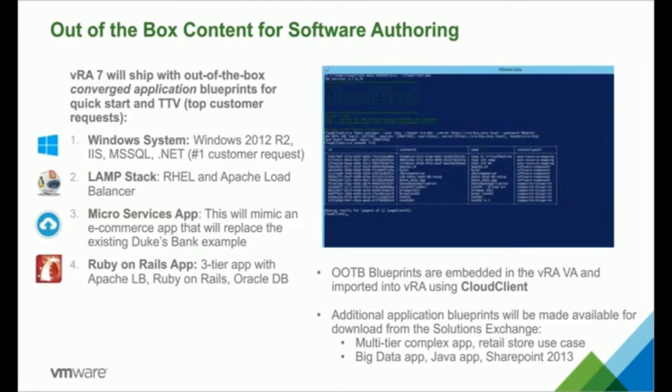Or you could even take that YAML and send it to a peer, send it to an entirely disparate VRA environment. This is a significant part, a huge ask from our customers, and I'm very excited about adding that ability into the cloud client as part of VRA 7.0.